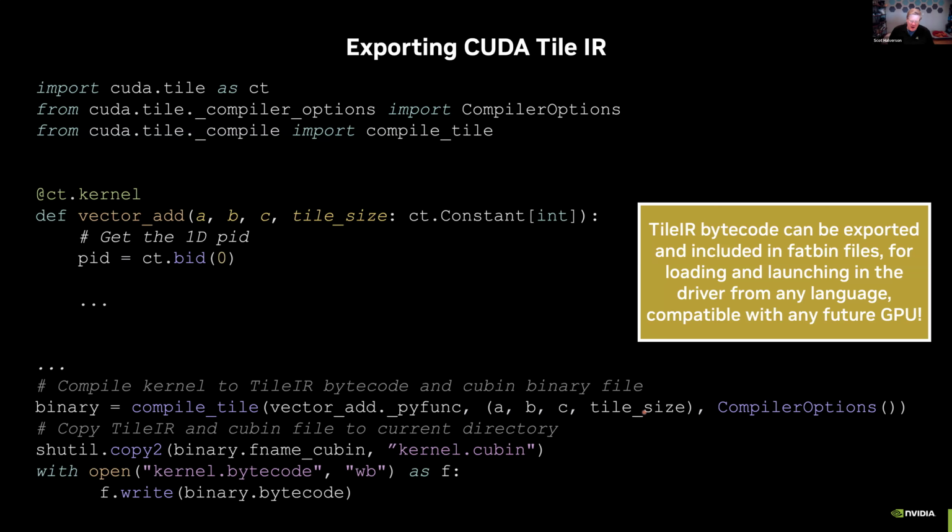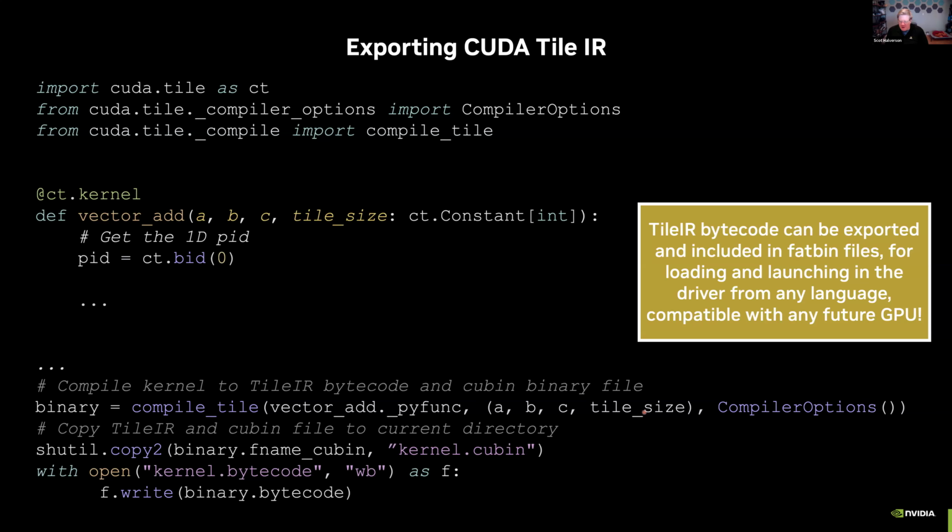So this is analogous to what we've done historically with CUDA, but there are some interesting capabilities that come from this, in that you can program tile IR in one language and use it from another, and that's something that you could hack your way through with CUDA as well. But it's pretty noteworthy that you could actually do your development of high performance kernels in Python and then use them in a C++ application, for example.